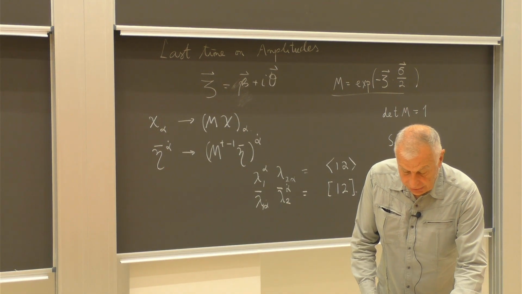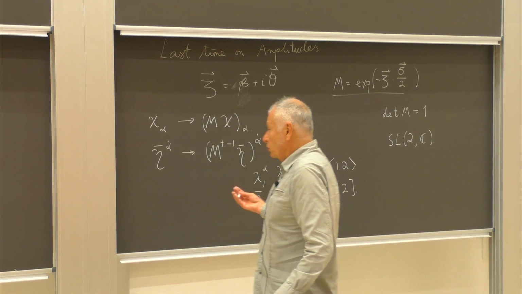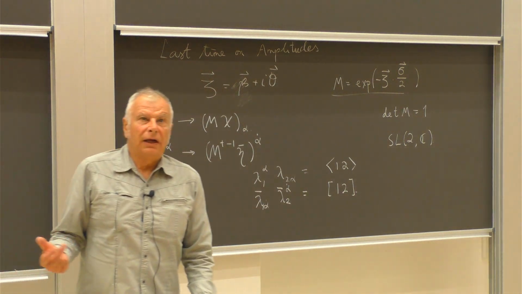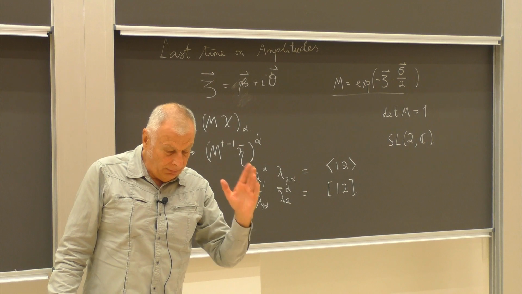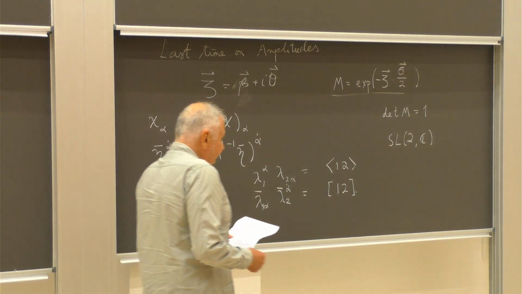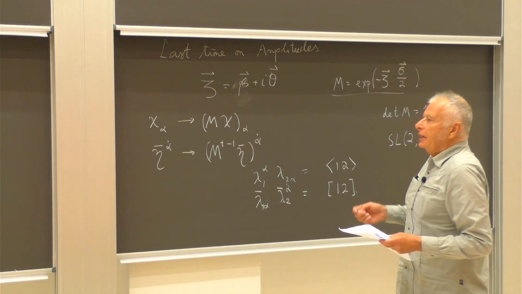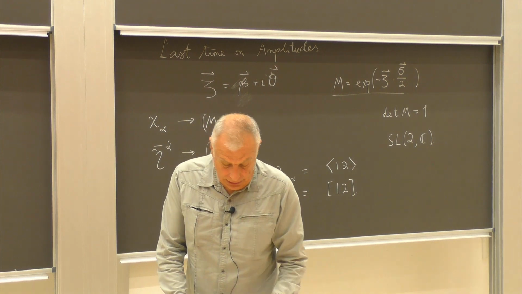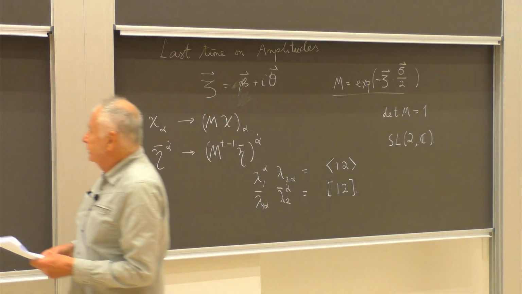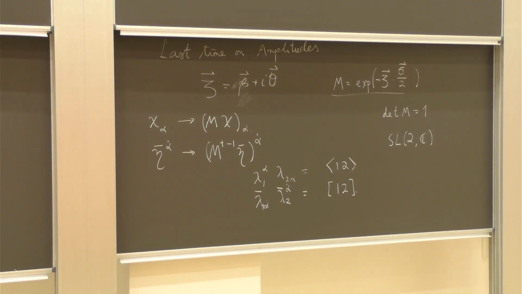I constructed the solutions of the Dirac equation by solving it in a simple frame in which a massless particle was moving in one direction, and then I boosted it, and in this way I constructed these momentum spinors. The momentum spinor corresponding to a given light-like momentum P was denoted like that, then the alpha opposite, and raising and lowering just changed the direction from bra to ket and vice versa.